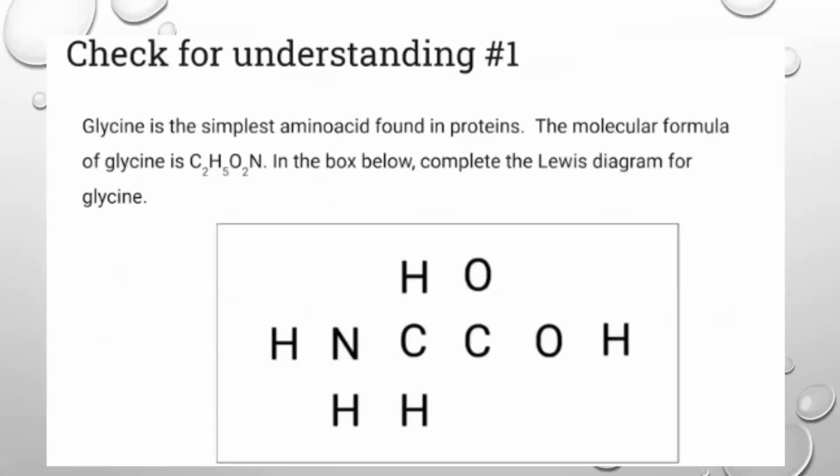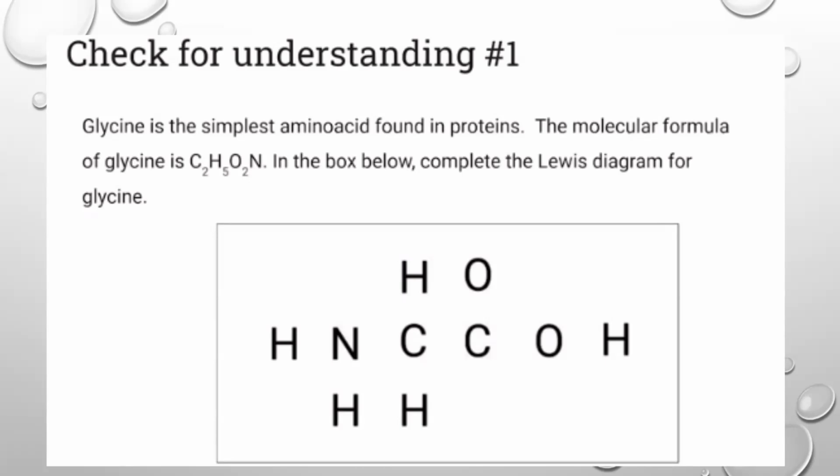So this one was also on the test, right? One of the challenges with this one is you need to figure out how many dots should be there. A lot of you did not figure that out. So I have hydrogen, carbon, oxygen, nitrogen. In terms of valence, that's 5 valence, 6 valence, 4 valence, 1 valence, right?